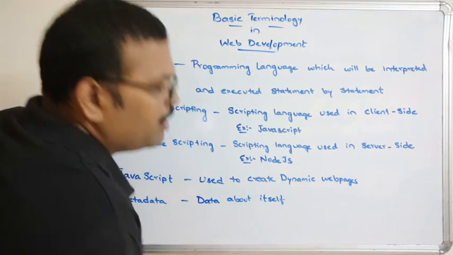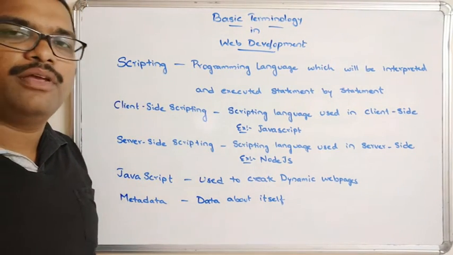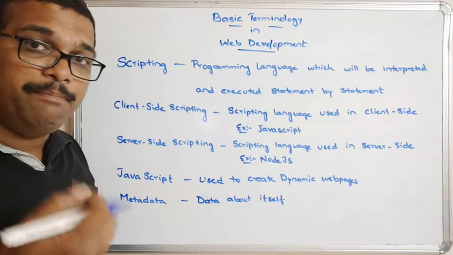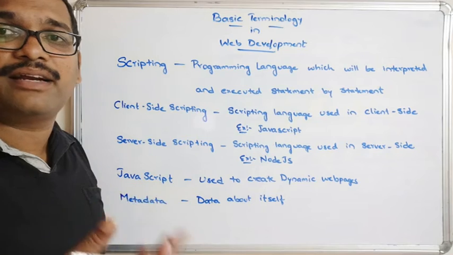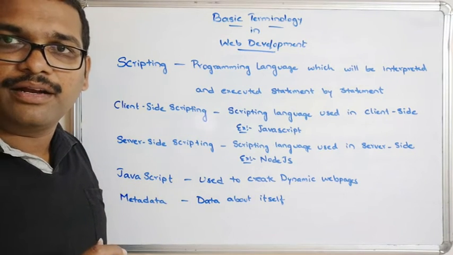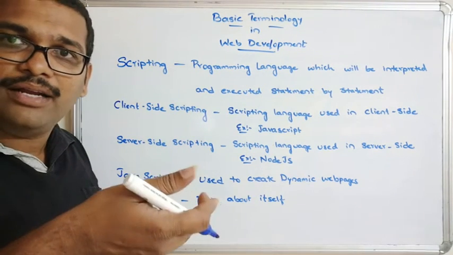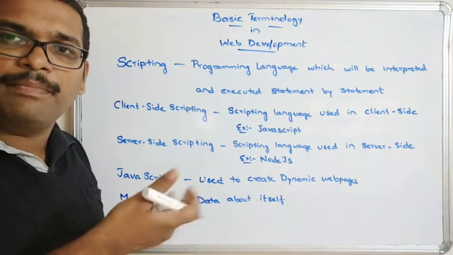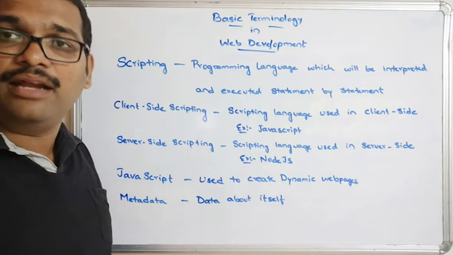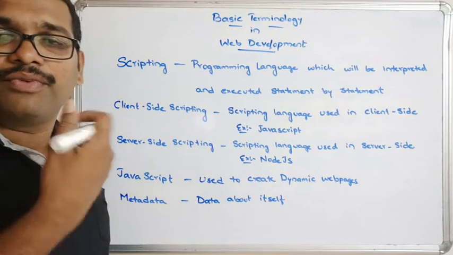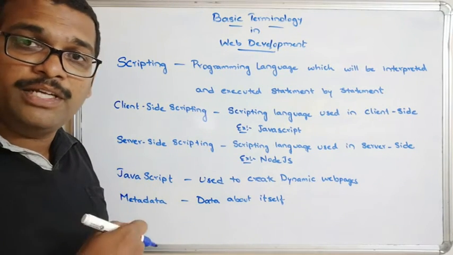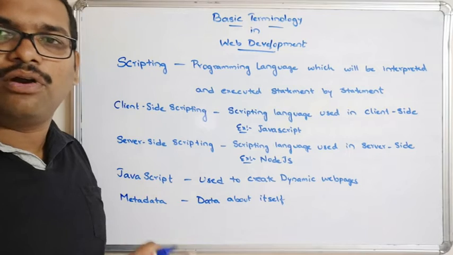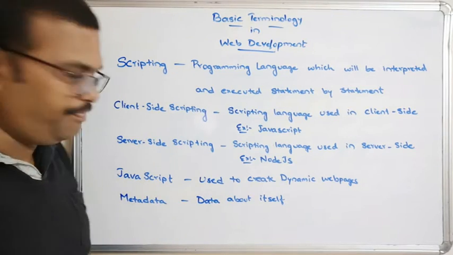For example, if you consider a browser, any browser, then metadata for that browser will be the title, the head, etc. will be the metadata, right? So in order to write the code, we can give the metadata also. That means we can give the title, we can give the head, or we can give some styles, whatever it may be. So the information about itself is called the metadata.